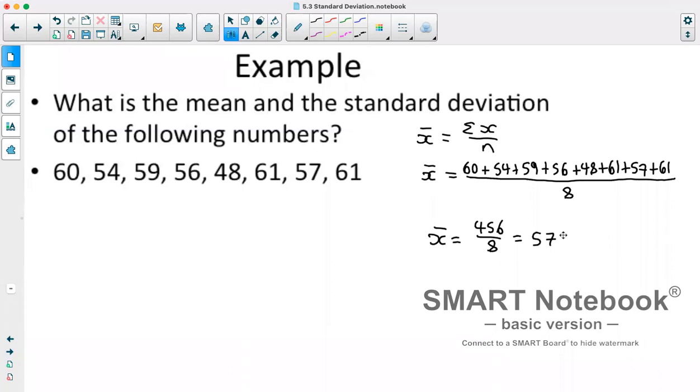Now we want to get our standard deviation. So our standard deviation is equal to the square root of the sum of each data point minus the mean squared, divided by our number of terms.